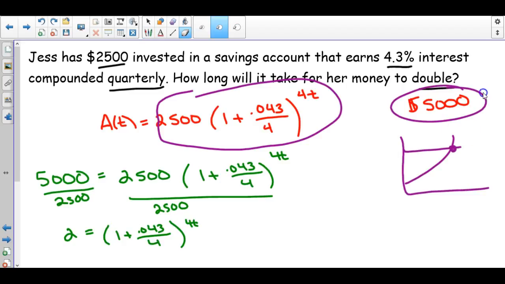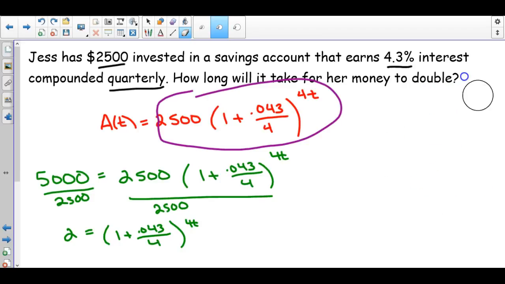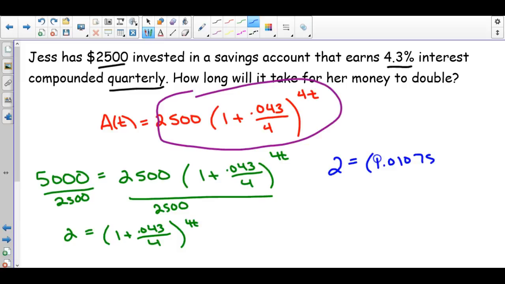And I'm going to clean up the inside of that formula really quick and simplify basically this entire inside. So the left-hand side of the equation is still going to be my 2. My parenthesis value, though, I'm going to take my 0.043 divided by 4 and add 1 to that. So inside the parentheses, I have 1.01075 and raise that to the 4t.